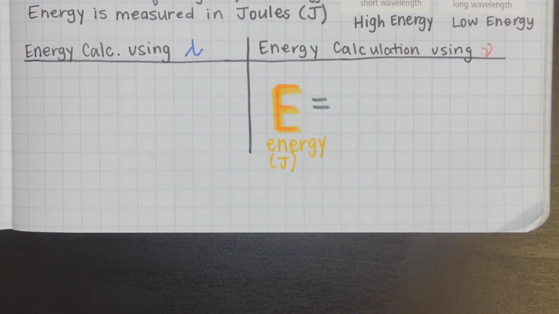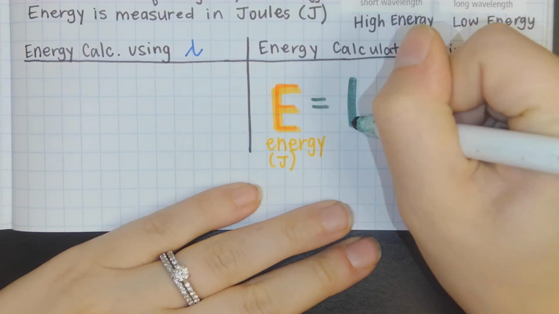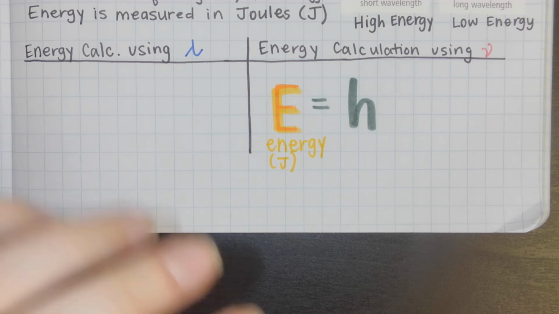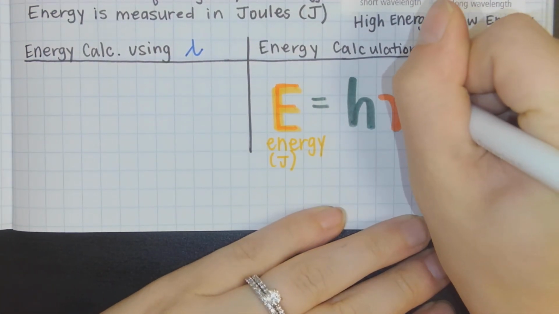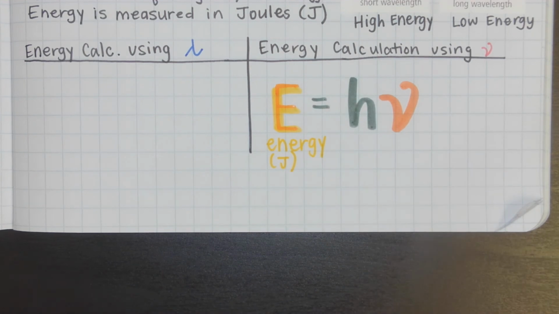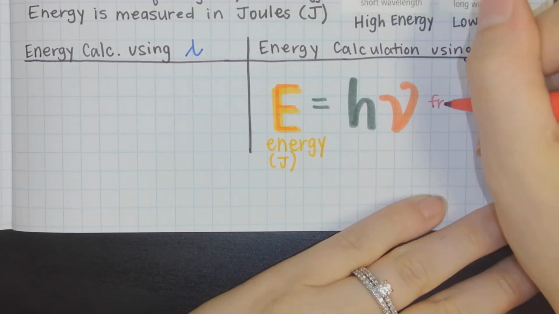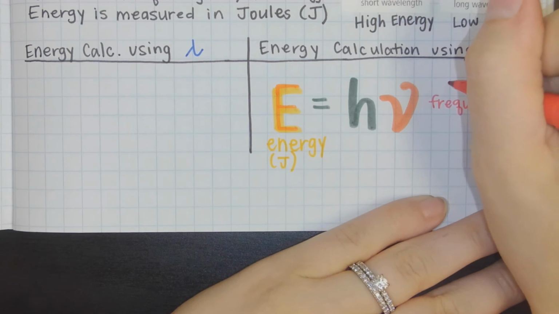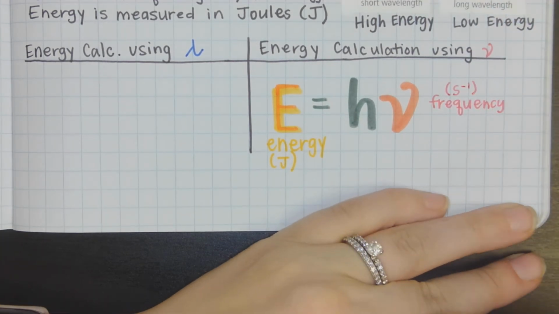Energy equals this thing called H, letter H. We don't know what that is yet. I'll just write it. H times the frequency. Remember that the frequency is measured in inverse seconds.